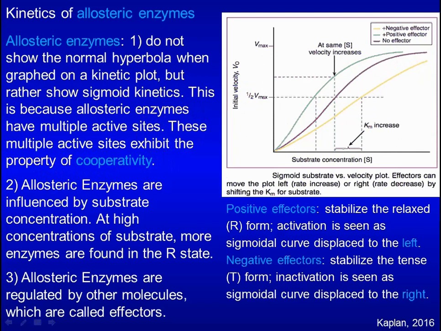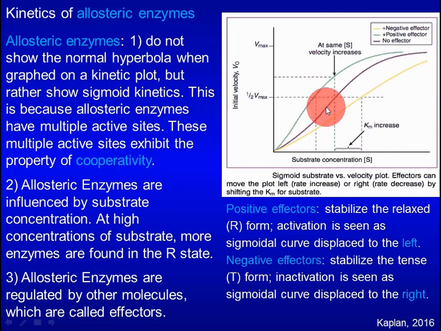Allosteric enzymes are influenced by substrate concentration. At high concentration of substrate, more enzymes are found in the R state, or relaxed state. Conversely, at low concentration of substrate, more enzymes are found in the T, or tense, state. Allosteric enzymes are regulated by other molecules, which are called effectors.